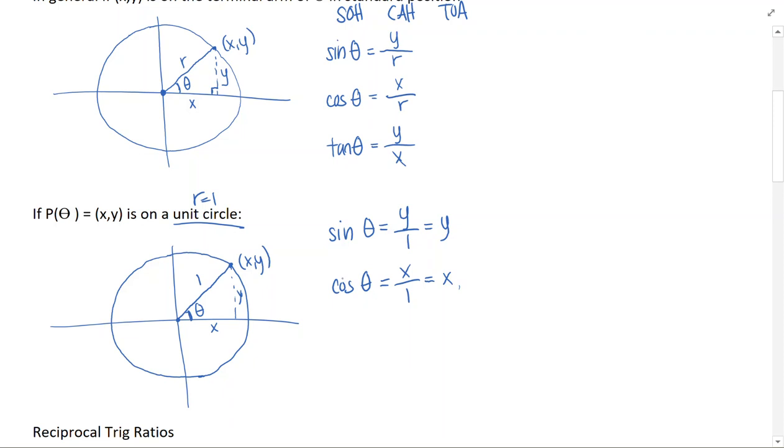So we can replace the coordinates with sine and cosine, and say a point on the terminal arm at some angle can also be written as cosine theta, sine theta. Remember, this is only for unit circles, not for all circles, but just when we're dealing with a unit circle scenario.